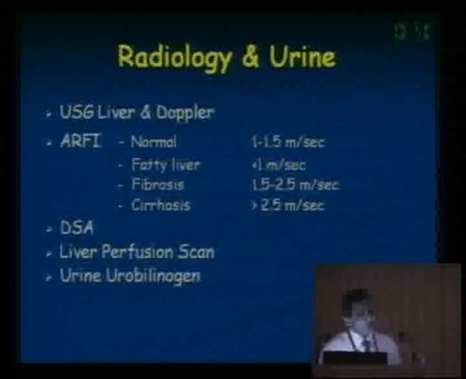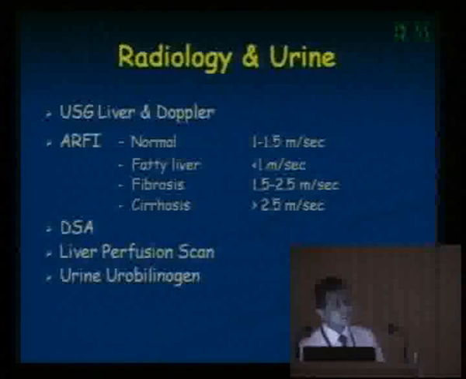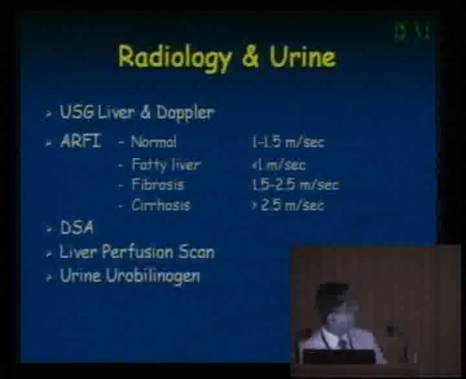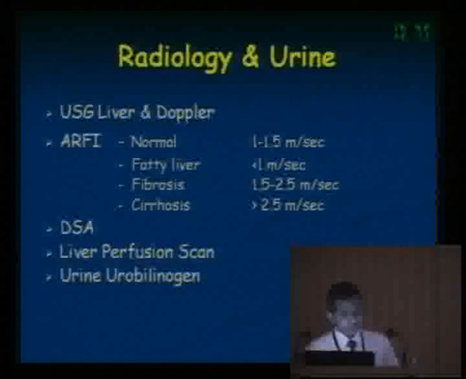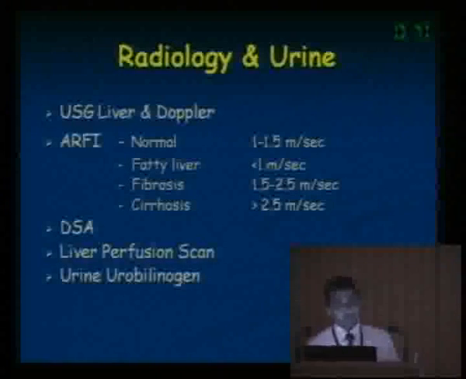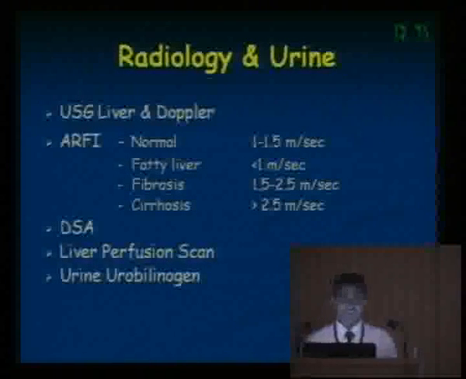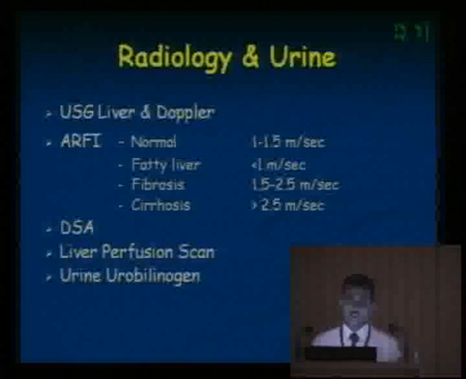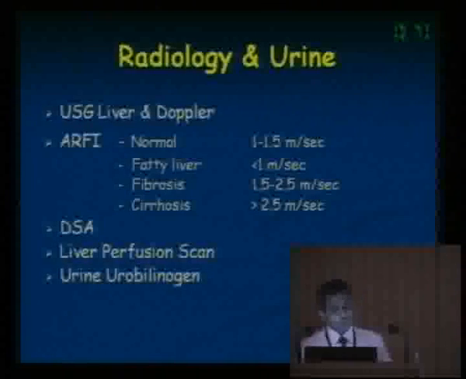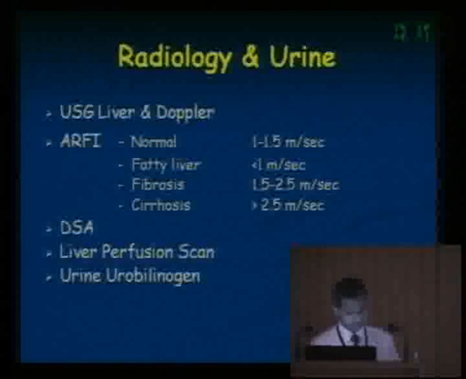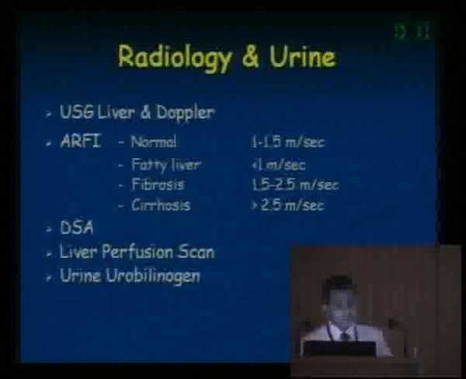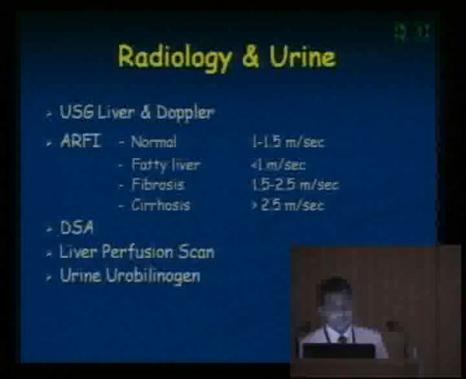Before we move on to the biochemical tests we see in day-to-day practice, let us look at the radiological tests and urine analysis. For radiology, ultrasonography also contributes to assessing liver pressure, that is, the portal system pressures. There is one more test, acoustic radiation force impulse, that can differentiate a normal liver from a fatty liver.